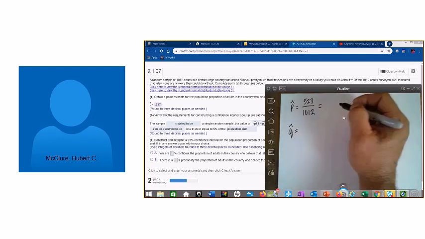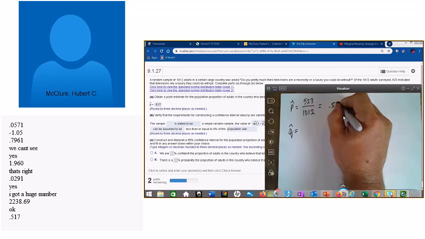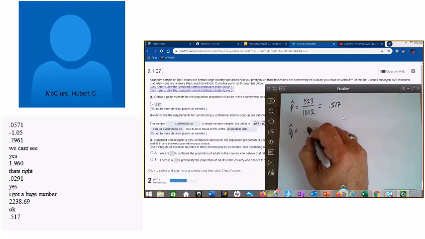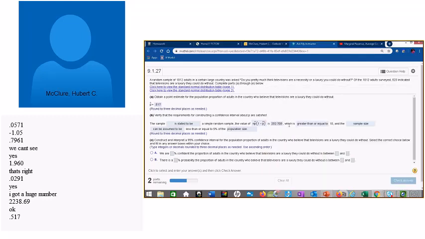What do you get? 0.517. Therefore, q hat is 0.483. I know we've done this. Now, you can do the 50%, 50%. I'm going to let y'all do that.